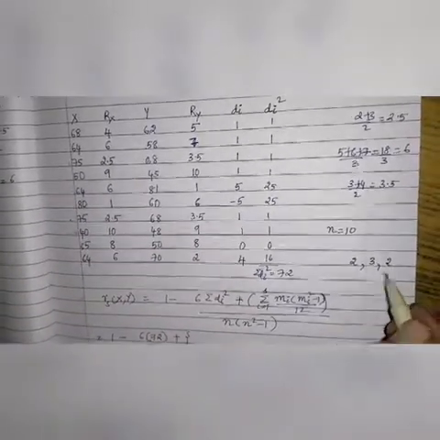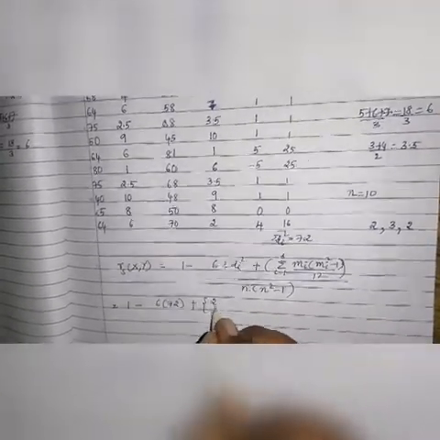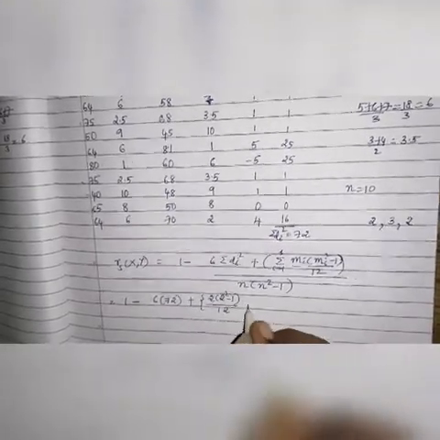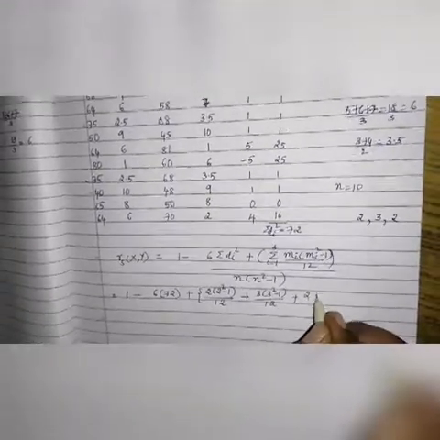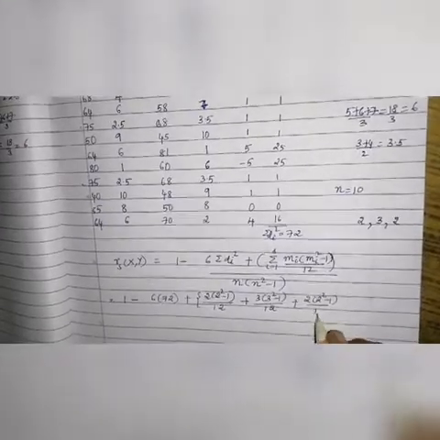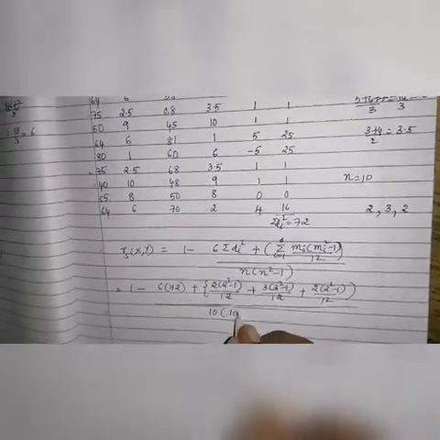Remember these things. For the first one, the repetition occurred 2 times: 2 into 2 square minus 1 by 12, plus 3 into 3 square minus 1 by 12, plus 2 into 2 square minus 1 by 12, whole divided by n is 10, 10 square is 100 minus 1.